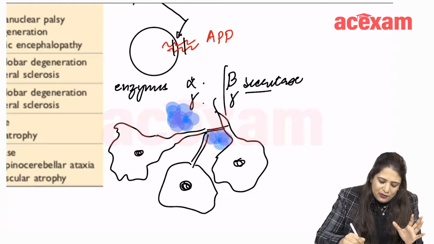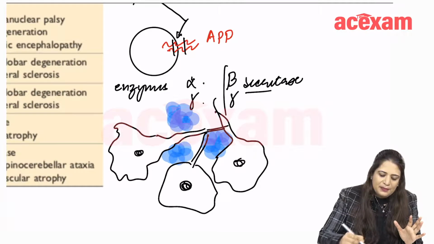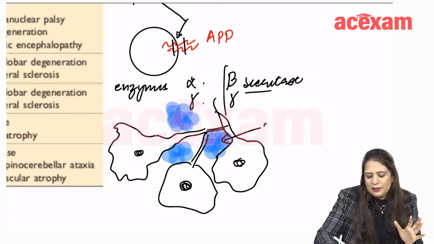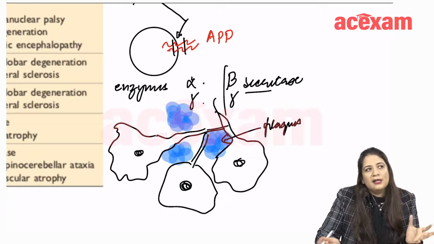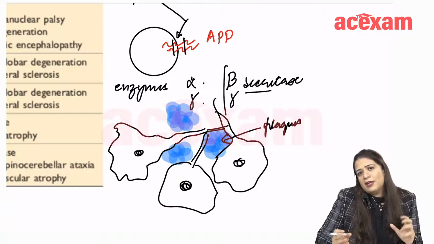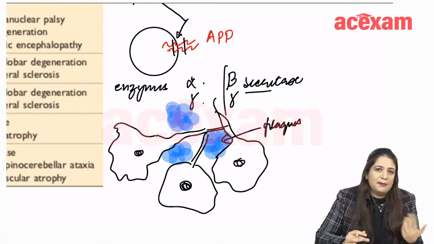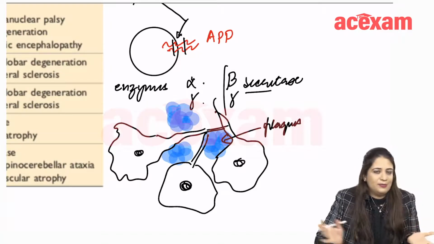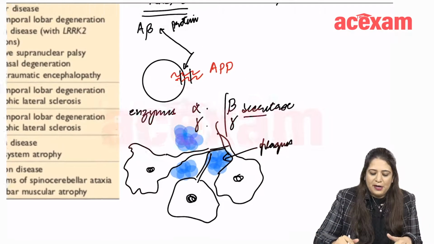These extracellular depositions of A beta proteins are known as plaques, and they hamper the neurotransmission. And because they hamper neurotransmission, depending upon which area of the brain these plaques are deposited in, different kinds of impairment in memory, cognition, reasoning, judgment, etc. are clinically manifested. So that is one thing, plaques.